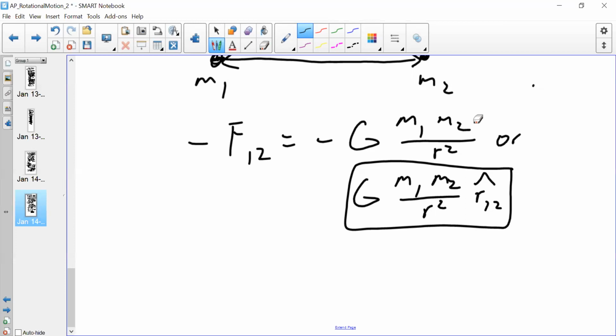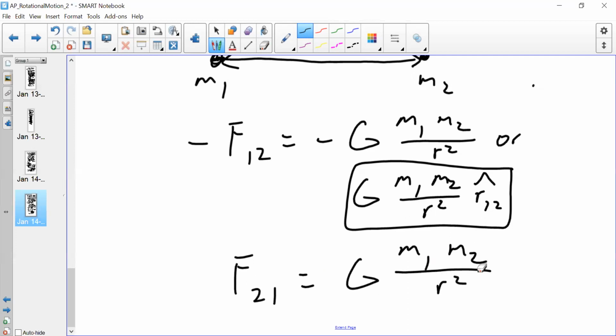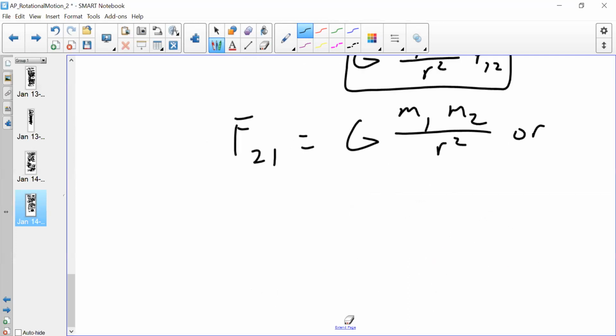Same thing. Use a unit vector notation, or the so-called standard vector notation. And thus, likewise, F2 on 1 is positive. This would be staying the same, so there's an understood positive.